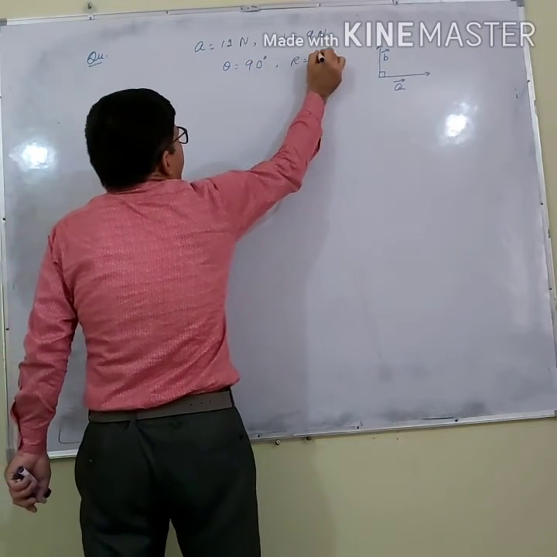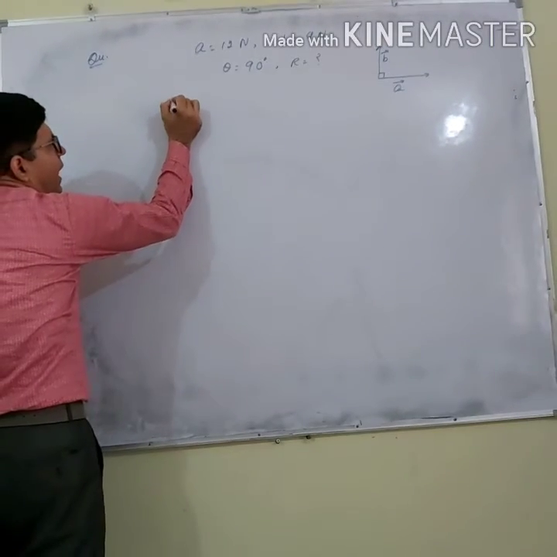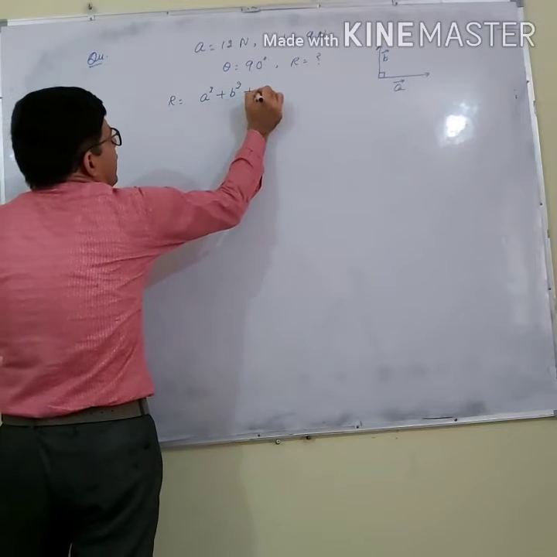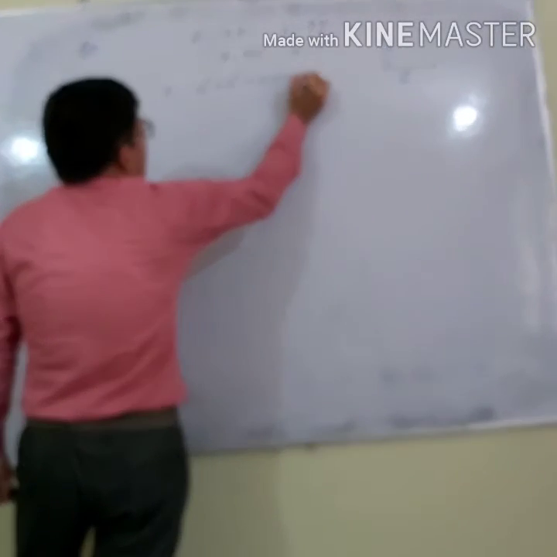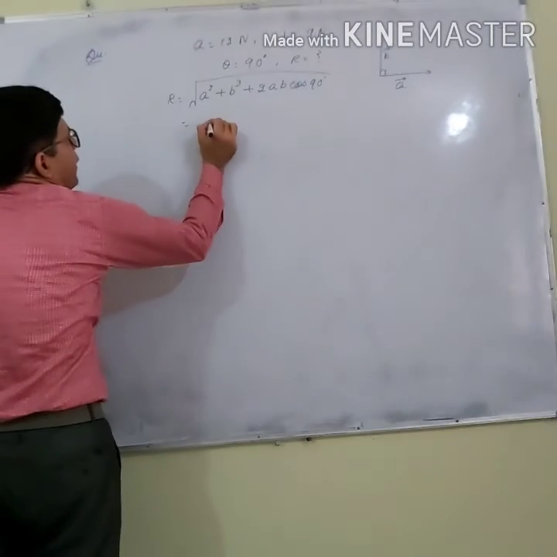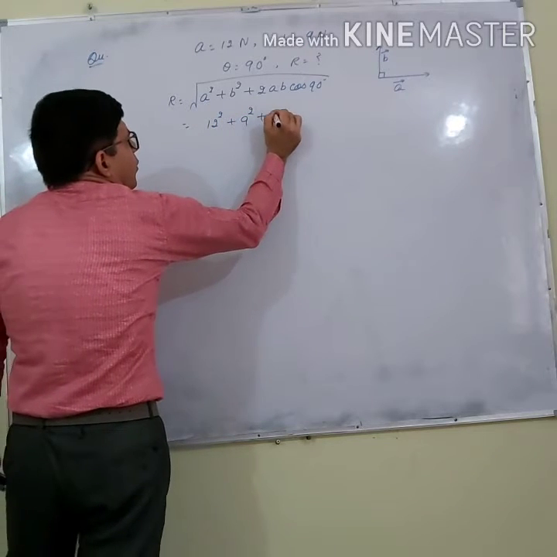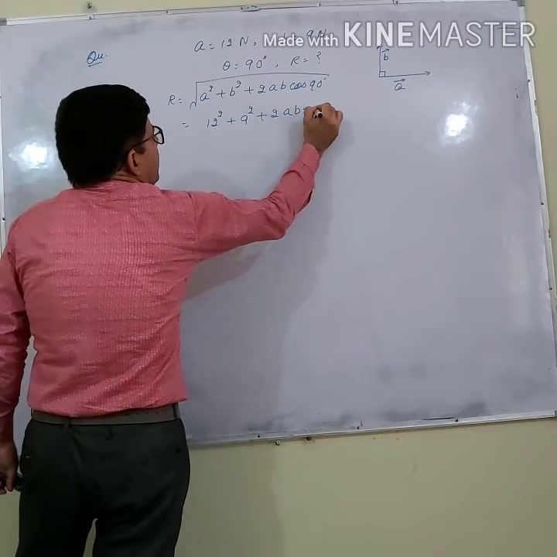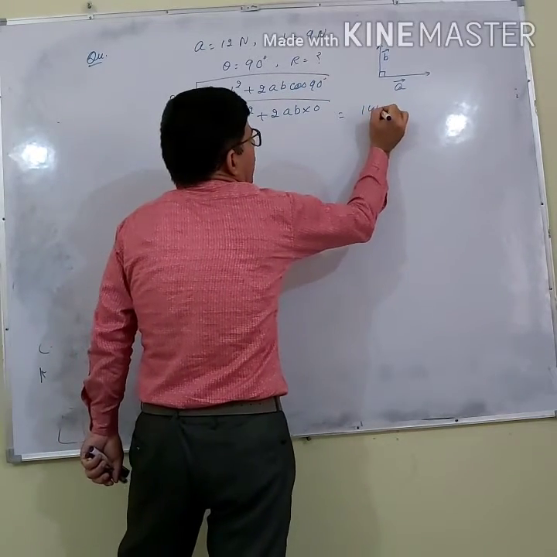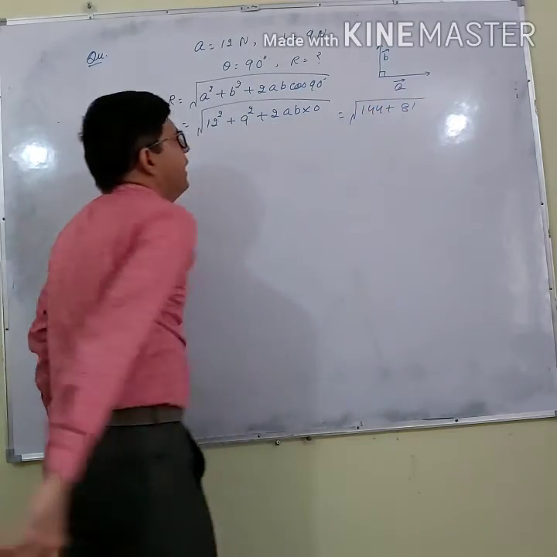What I have to do? I have to calculate the resultant. How can I calculate the resultant? R equals square root of A square plus B square plus 2AB cos 90 degrees. So 12 square plus 9 square plus 2AB multiplied by 0. 12 square is 144, and 9 square is 81.